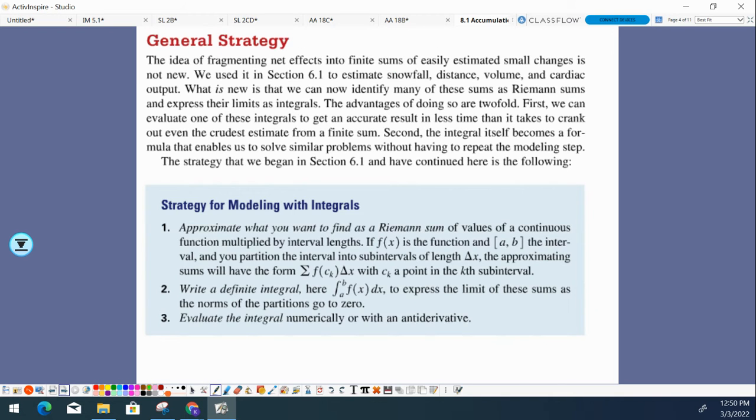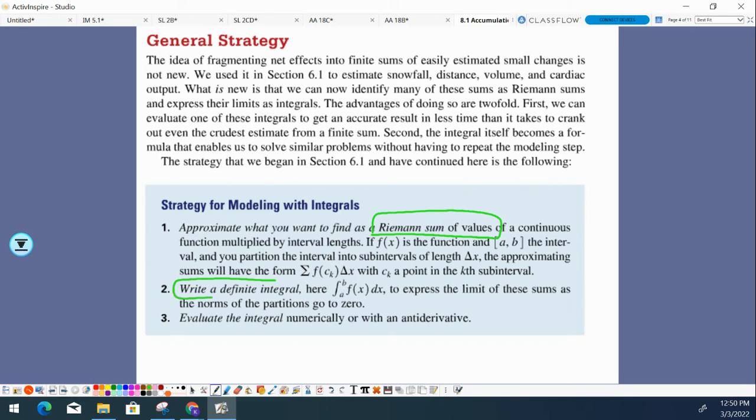All right. For the general strategy, I'm doing it with you. The general strategy for modeling, we can actually find these in a couple of ways. Do not write all of this down. What I would just do is a Riemann sum of values is one of your options.